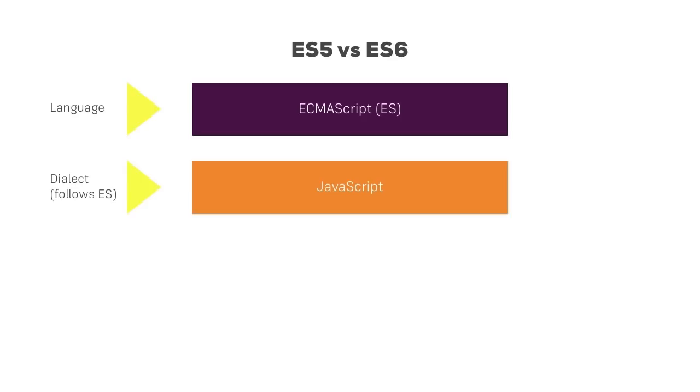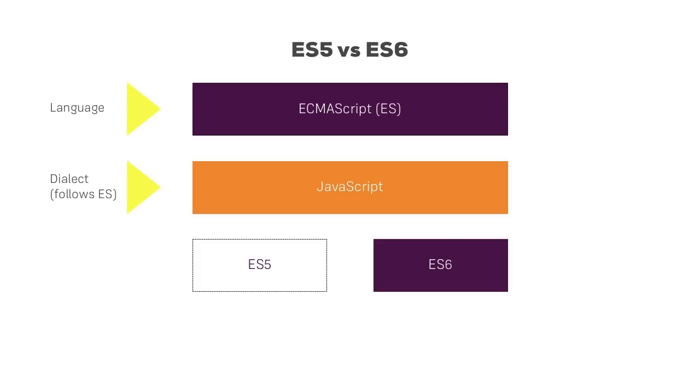But what are ES5 and ES6 to begin with? Well, ES5 is the version which currently runs in the browser, and ES6 is the next gen version, with new features and so on. ES5 is supported by all browsers, but for ES6 you will need some polyfills or transpilers, which basically take your ES6 code and rewrite it in an ES5 styled way.